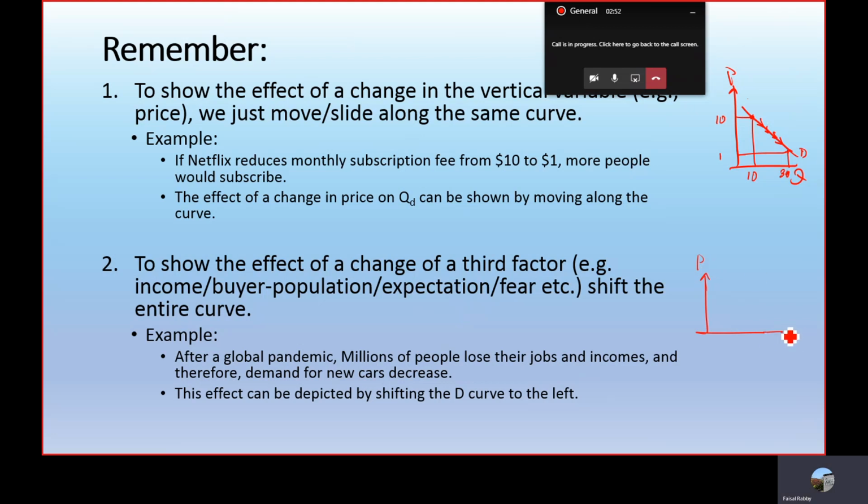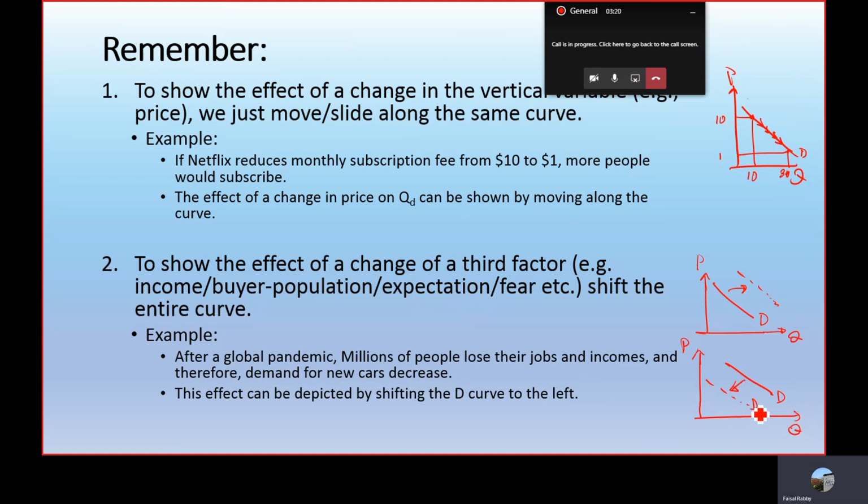To show an increase in demand due to a non-price factor, we'll take a demand curve and shift it to the right. On the other hand, if any non-price factor is causing demand to decrease, we will take a demand curve and shift it to the left.